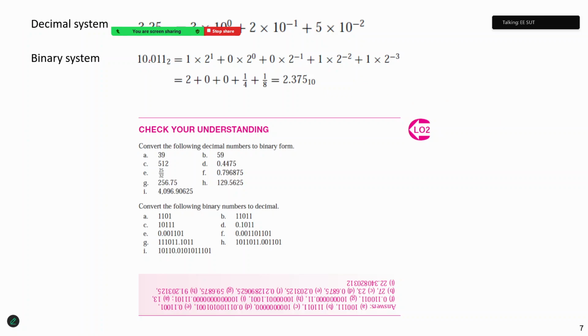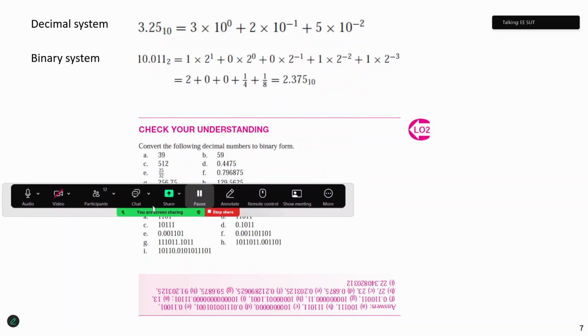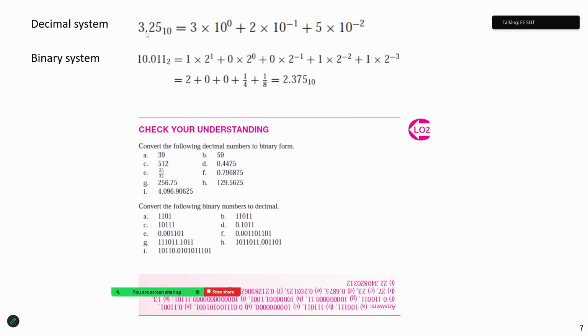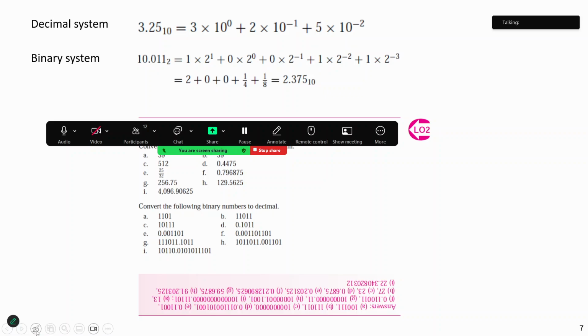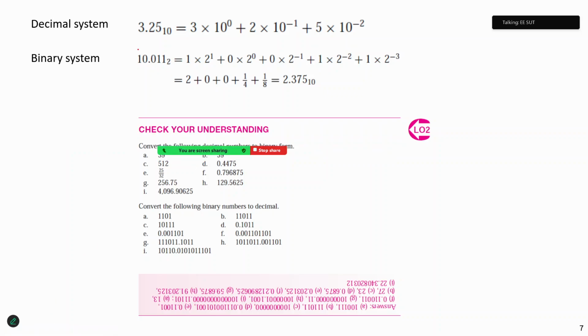For the digit value, for example, 3.25, we also have this. 3 is 10 power 0. 2 would be 10 power minus 1, and 5 would be 10 power minus 2 in this case. So the binary system is also similar, but with the base of 2, right? 0 will be times 2 power 0, and this is 2 power 1, right?